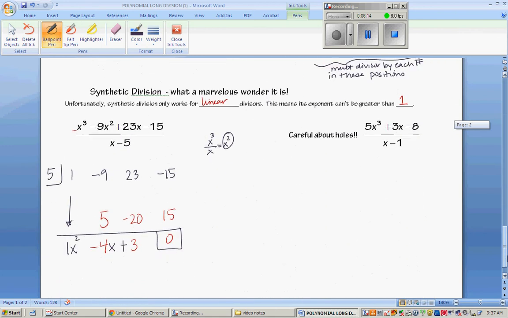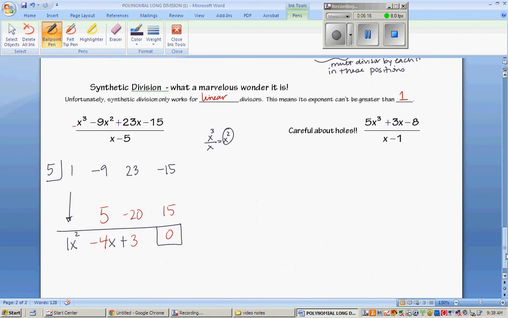So we're going to come back to this. The only time that synthetic division really tries to trip you up is when there is a hole. So where it says be careful about the holes here, the only time the hole is going to cause trouble is in this dividend. It's almost better to say the coefficients out loud. If we start with an x cubed, we need to have a coefficient for every version of x.